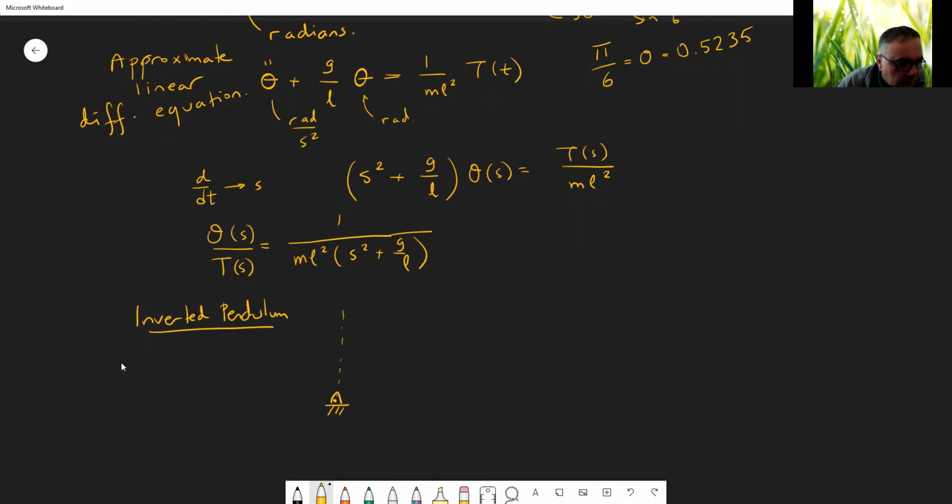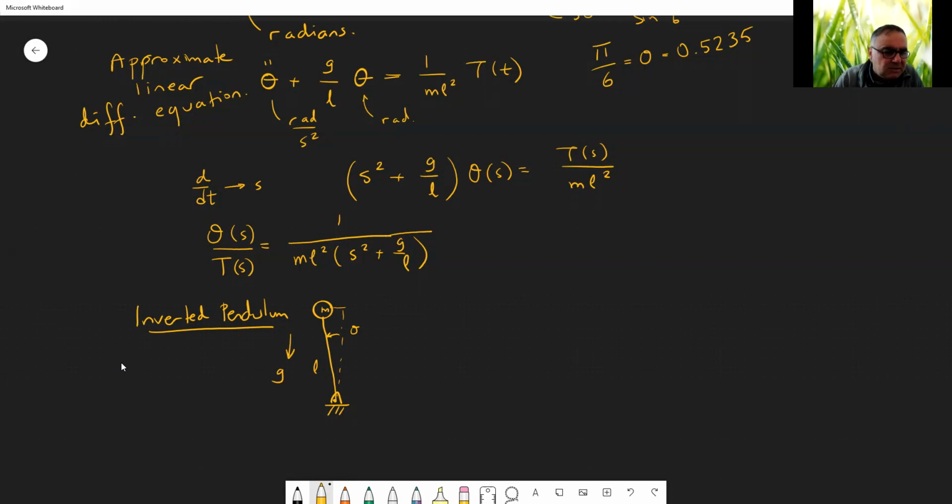Let's say this is the vertical, and this is theta. As you can guess, this pendulum is going to fall down. It cannot stand still by itself. G is downwards. This is L.